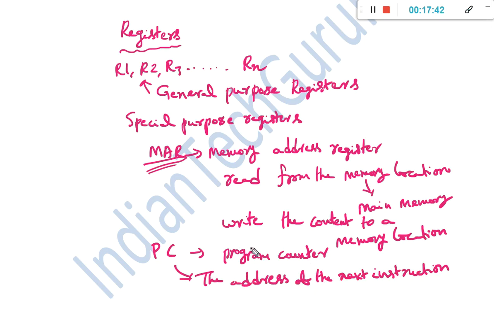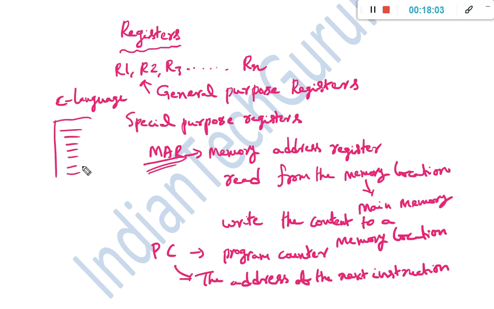Generally in a particular program there will be several instructions. For example, if you consider a C language program, which you will be familiar with, several lines of code you are going to write.